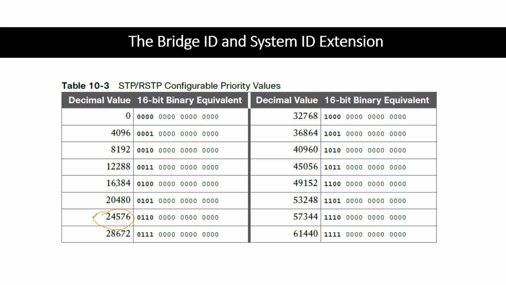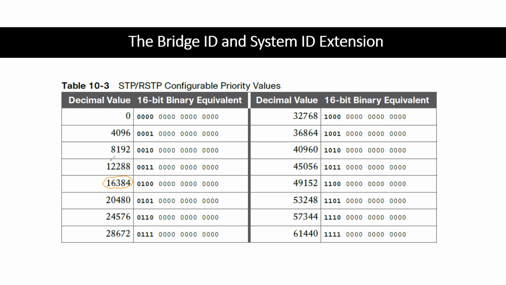root's priority. So if the switch received BPDUs and it has the root ID, it has locked in what that priority is for the root. Maybe the root is 16384, but you go on that switch and say, I want to configure this to be the new root, and I'm going to set this as primary.